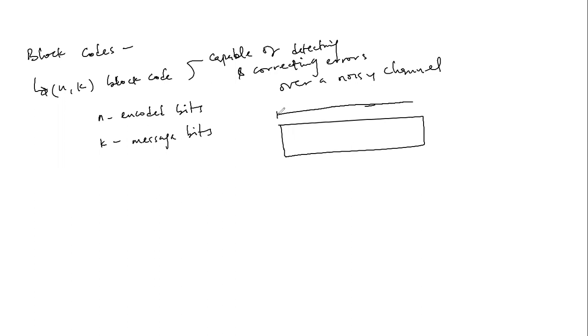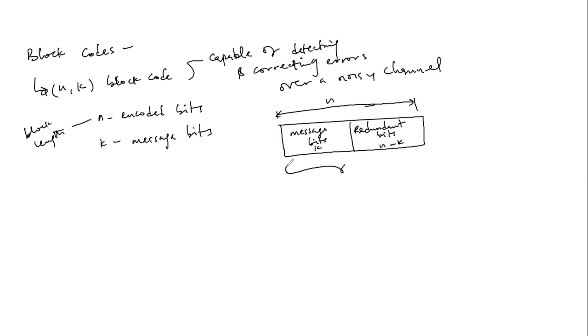So this is n, the block length. Here we have the message bits, k, and here we have the redundant bits, the block length minus the message bits, n minus k.